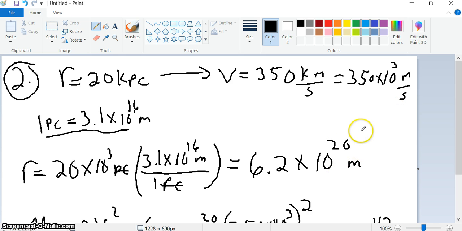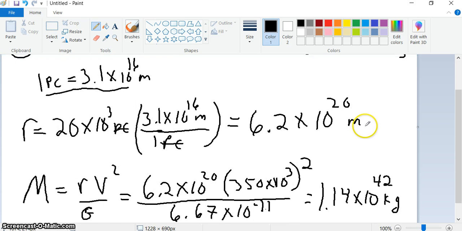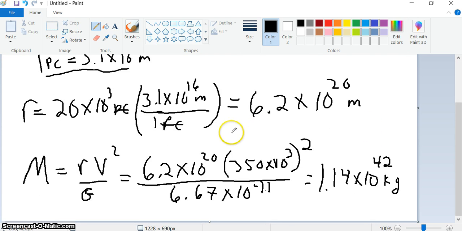So notice I've got R in meters and I've got the velocity in meters per second. Now the reason I needed to do those conversions is because this equation will only work with a velocity in meters per second and a distance R, or this is really the radius, right?